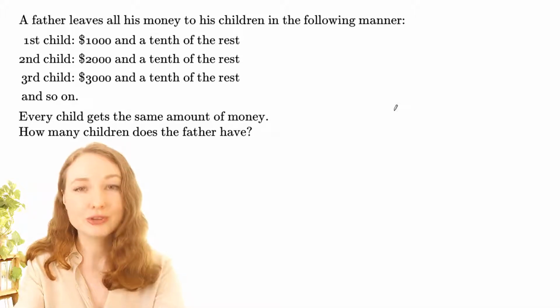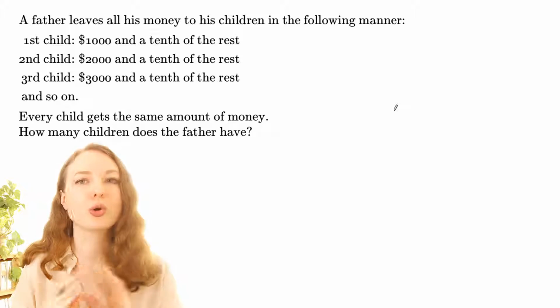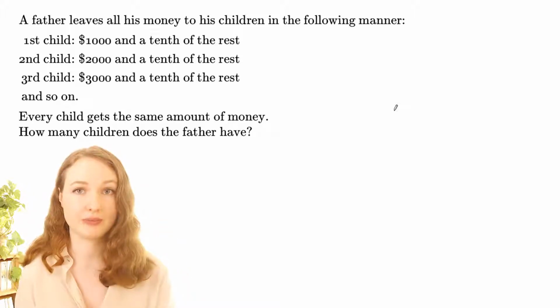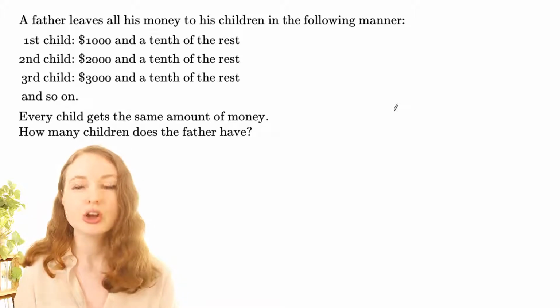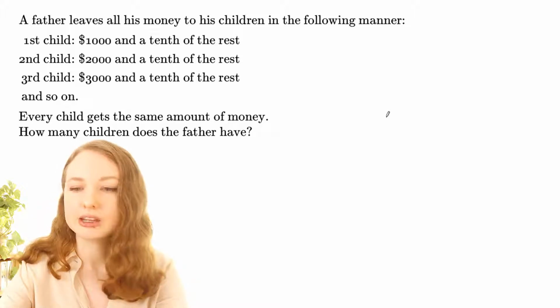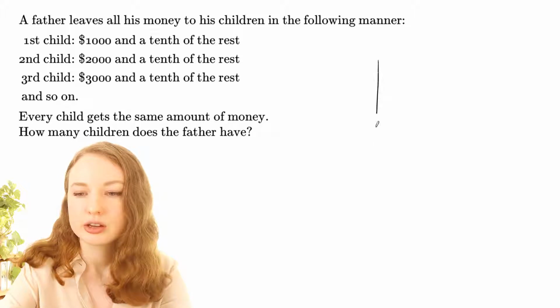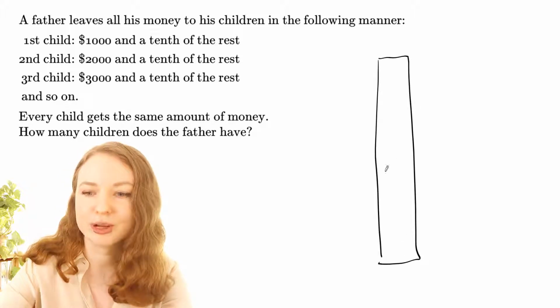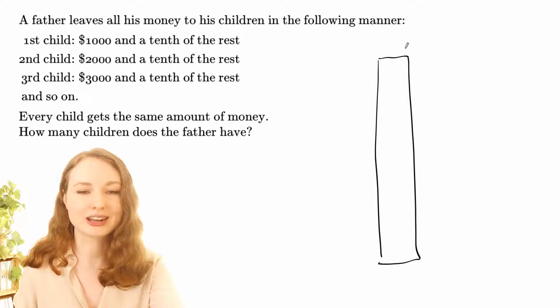So what I would do first, and what's really useful for all sorts of questions, is to try to draw a picture from the information you have. So what you could do for this one is draw a stack of money. Imagine this is all the money, like a stack of bills that the father's leaving to his kids.